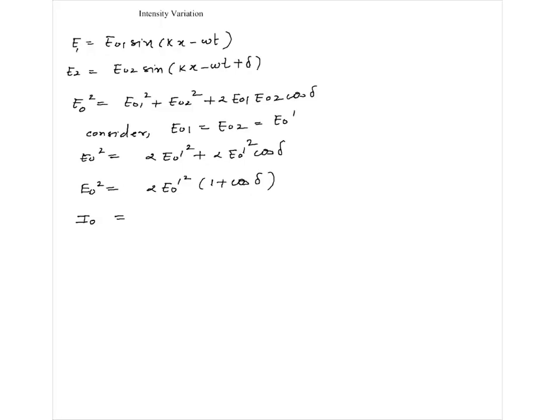If you remove proportionality sign, you introduce a constant, and constant cancels out. So this will tell us about intensity variation.